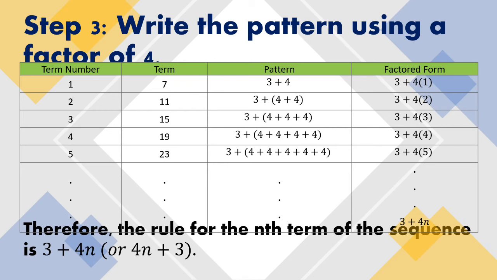So to get the nth term, we are going to use the factored form 3 plus 4n, or 3 plus 4 times n, which stands for the term number. Therefore, the rule for the nth term of the sequence is 3 plus 4n, or 4n plus 3.